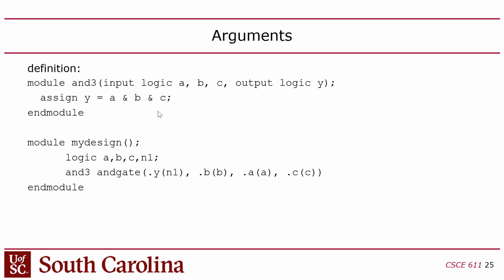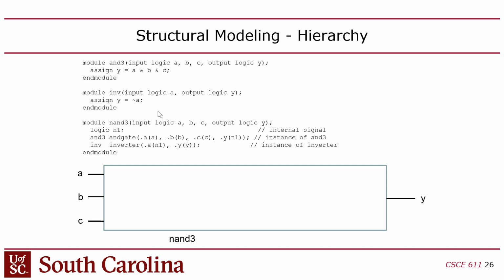And I mentioned there's a renaming process: inside of my design, we have a signal declared called N1, and that signal would be equivalent to the Y signal inside of AND3. So it's the same signal with 2 different names, depending on where in the hierarchy you're looking at it.